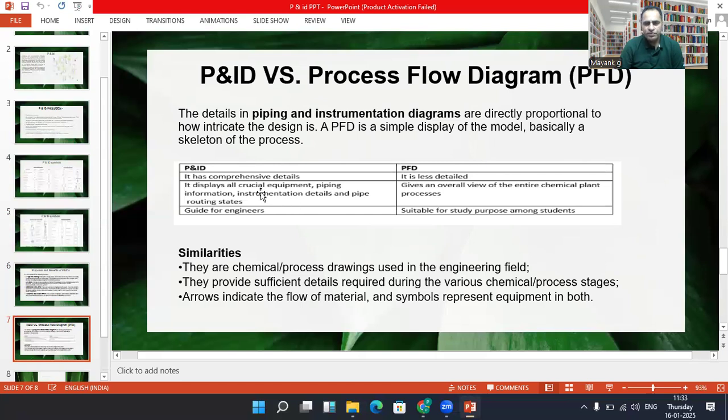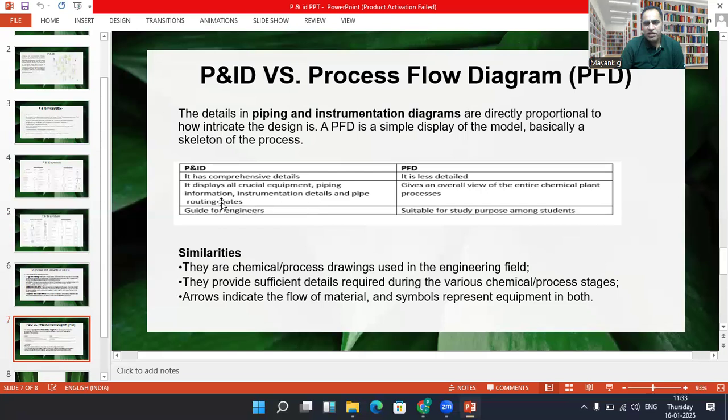If we see this table, PNID provides comprehensive detail, and PFD shows less detail. PNID displays all the crucial equipment, piping information, instrumentation details, and the pipe routing. However, PFD gives an overall view of the entire chemical process, so it is less detailed.